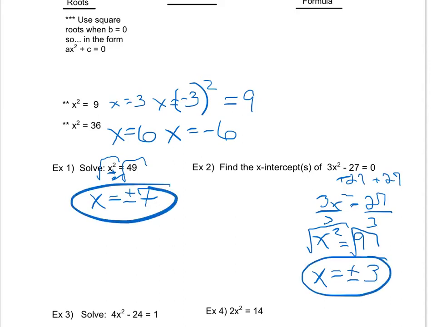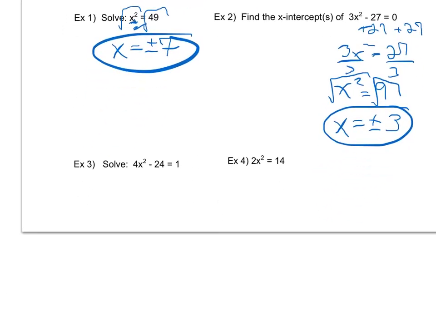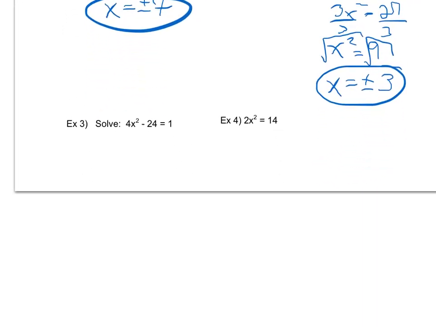Alright, let's look at the last 2 examples. On example 3, I'm going to solve this equation. Doing the same thing, I want to get that square by itself, so I'm going to add 24 to both sides. 4x squared then equals 25. I'll divide by 4, giving me x squared equals 25 over 4.